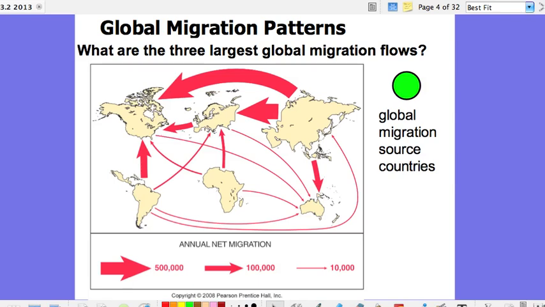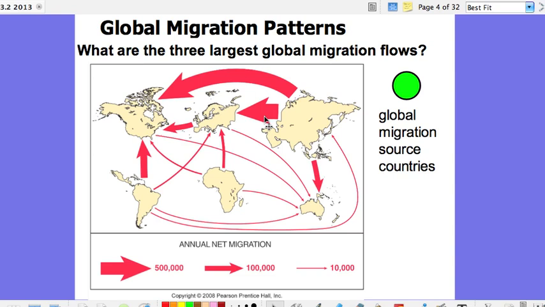All right, here's another map that shows, this is actually a migration flow map or migration stream map, and the size of the migration stream represents the number of people who are migrating. So if you look at this and think about where are the three largest global migration flows, look where you have the large arrows.